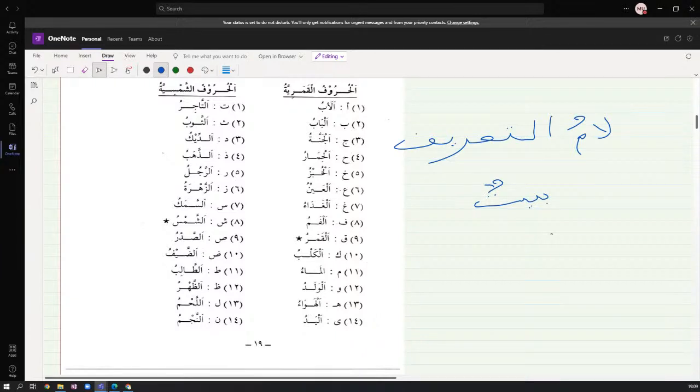It's not definite. We can call it nakiratun. So let's type that again. We say nakira. Nakira is indefinite. Nakiratun, and then when we add alif and lam, it becomes ma'rifah, it becomes definite.